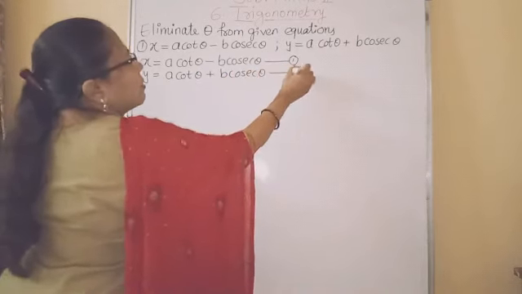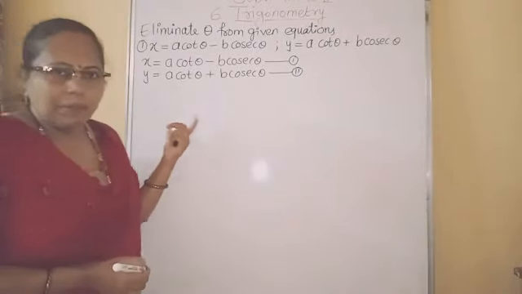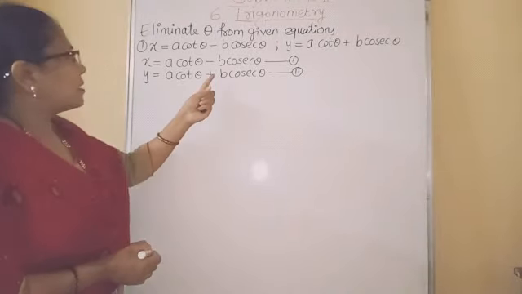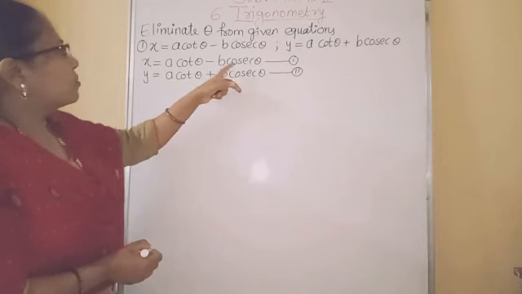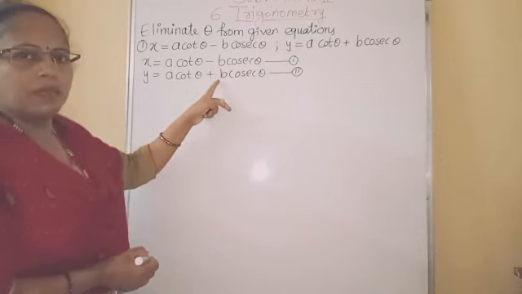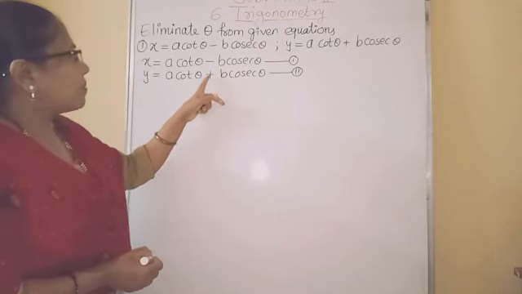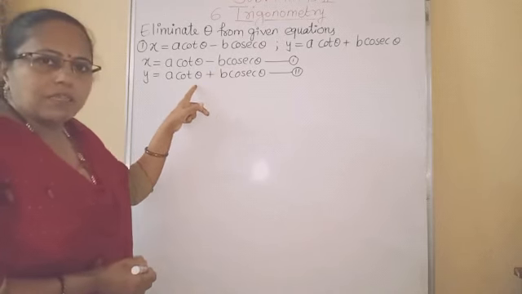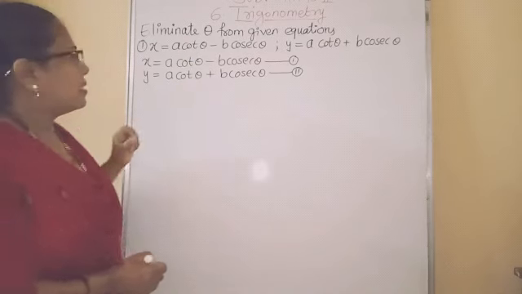This is our second equation. Same linear equation in two variables. Now see here, you can see the cosec theta ratio has the same coefficient, but with plus and minus signs. So first we will add these equations.